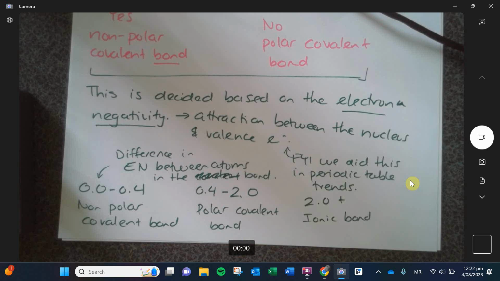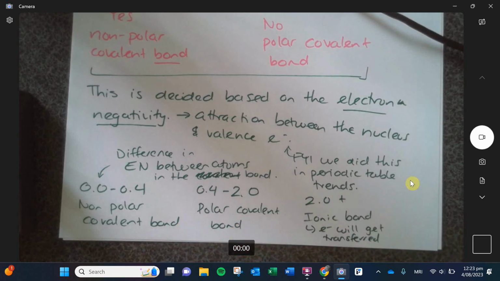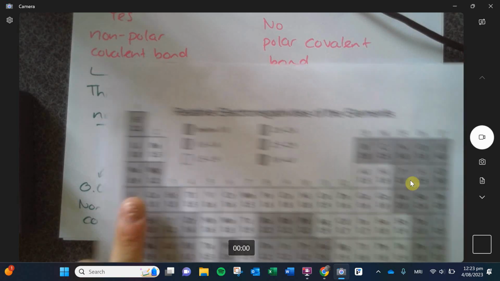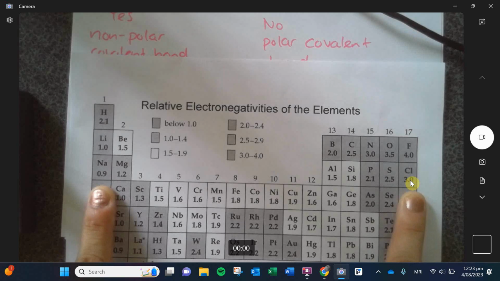So what that means is the electron's going to get transferred. So it's not going to be shared equally. Or sorry, it's not going to be shared at all. So for example, if I had sodium and chloride, we talk about sodium chloride quite often.